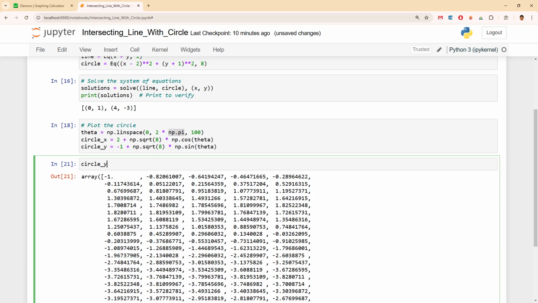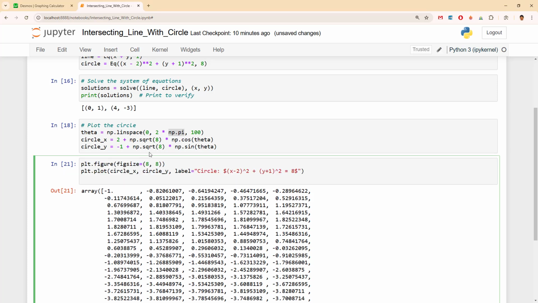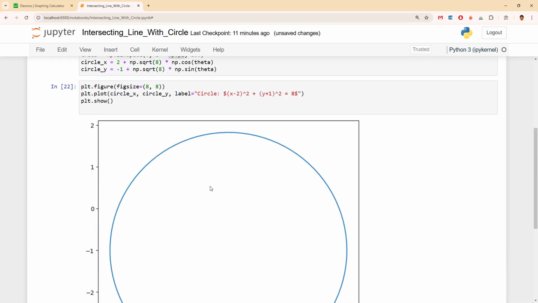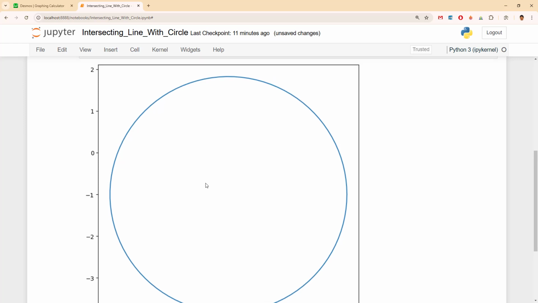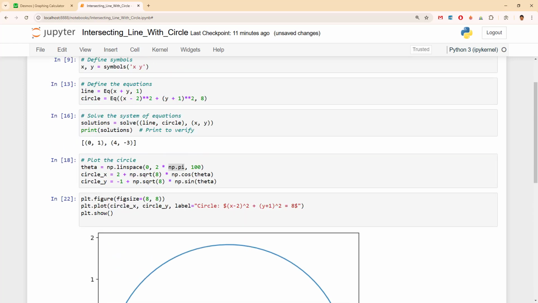And plotting the circle is pretty much, we just want to plot it. Should be something like this. And then plt.show, most probably should show a circle. Ta-da! Simple circle.